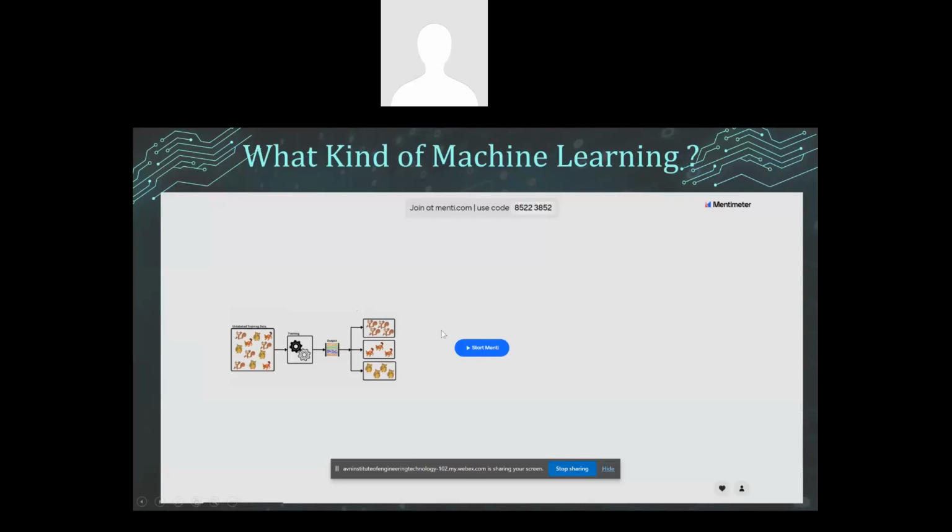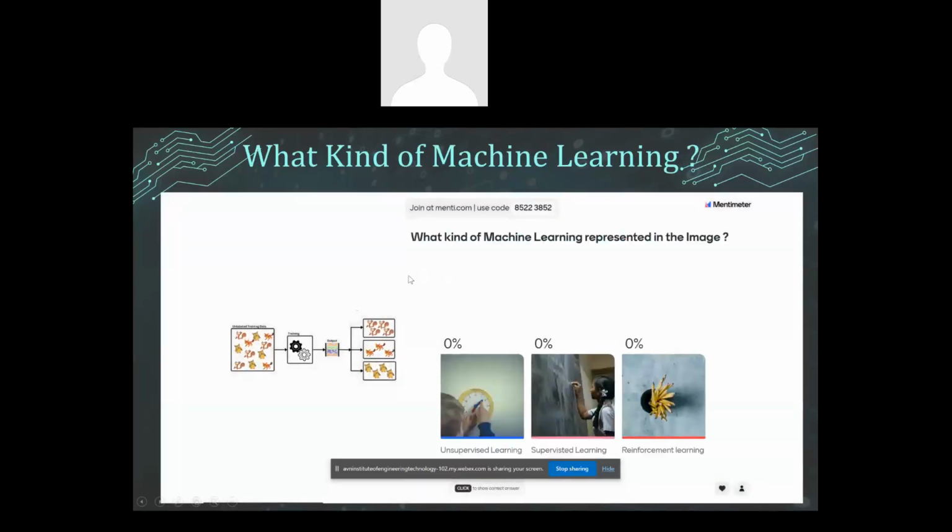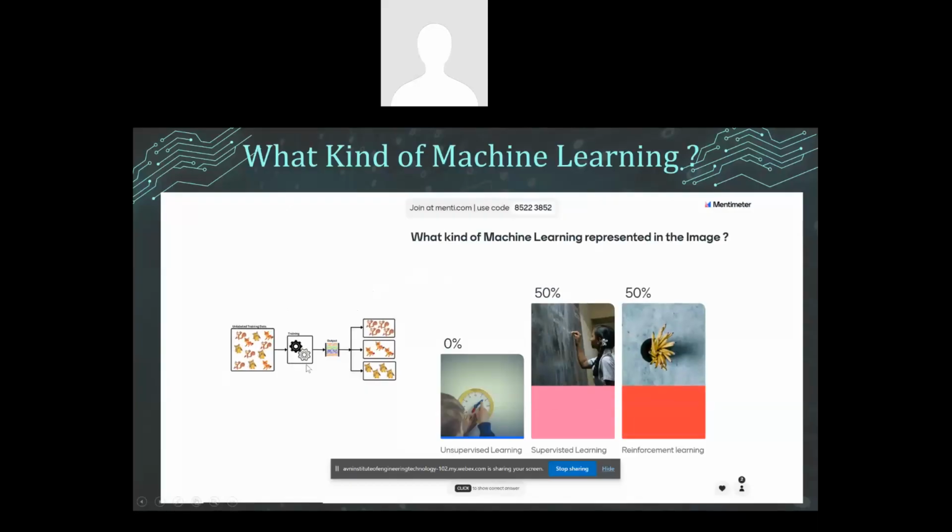And then you can see what kind of machine learning this is. I think you have heard about the different kinds of machine learning. If you see the picture, what does this machine learning belong to: supervised, unsupervised, or reinforcement learning?